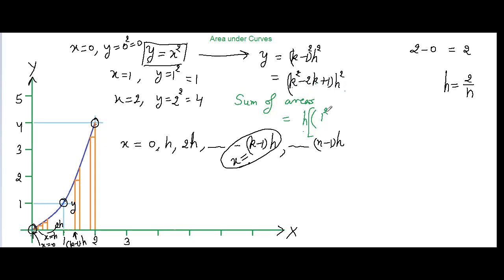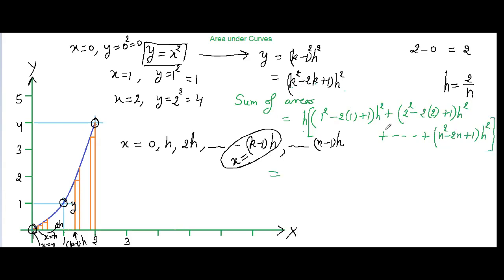So the height of the first rectangle is (1 square minus 2 times 1 plus 1) into h square. Height of the second rectangle will be (2 square minus 2 times 2 plus 1) times h square. Like this up to the nth rectangle. So k will be taken equal to n: (n square minus 2n plus 1) times h square.